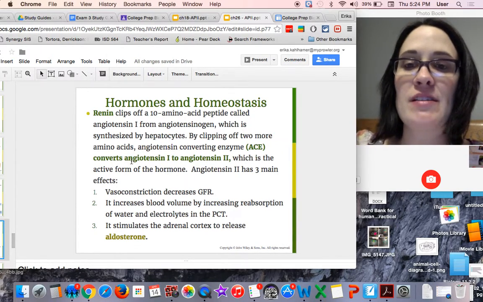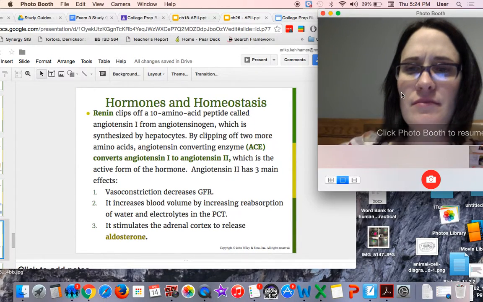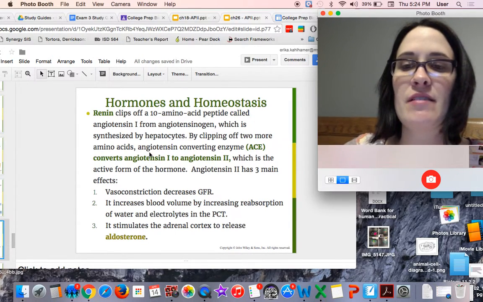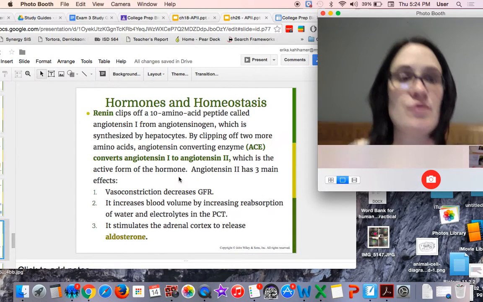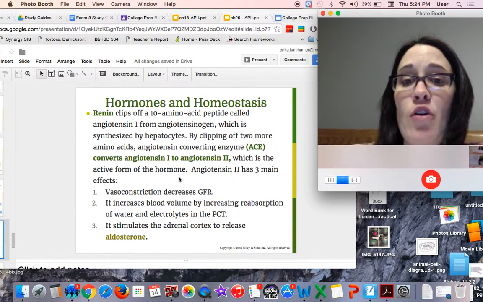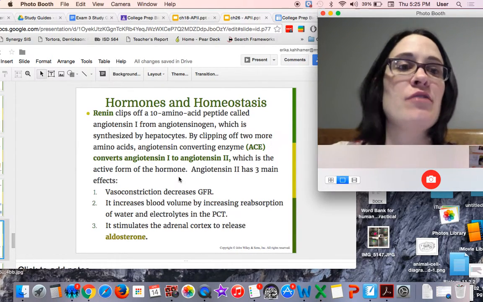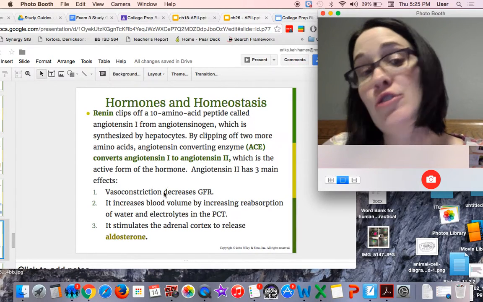And then what happens? The enzyme called ACE, abbreviated, converts that angiotensin I to angiotensin II, the active form of the hormone. And what happens as a result of the production of that active hormone is to increase blood pressure.